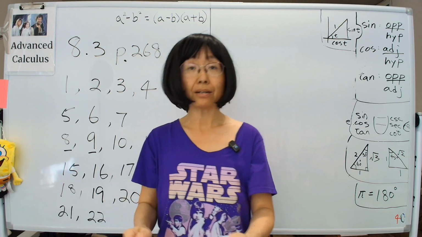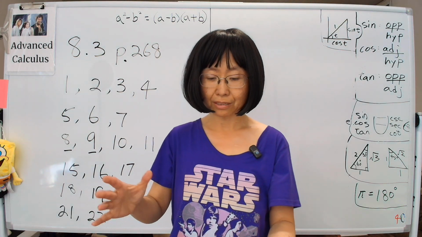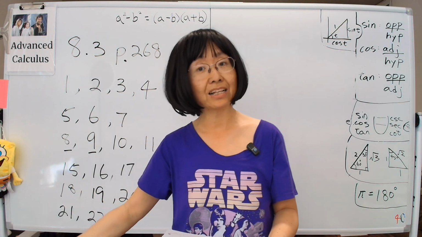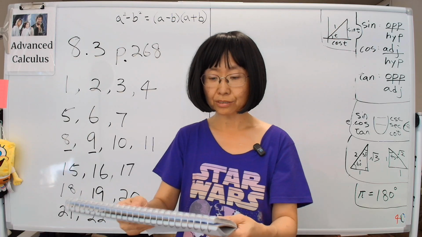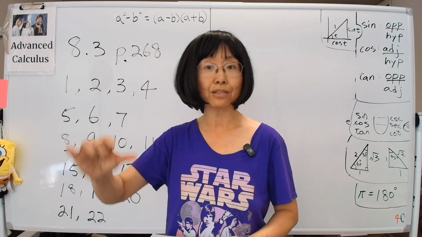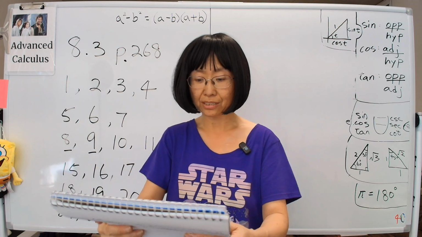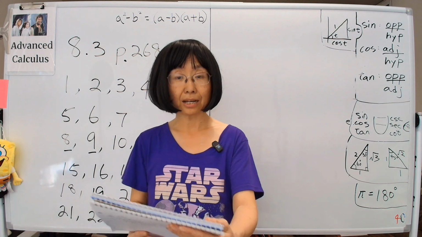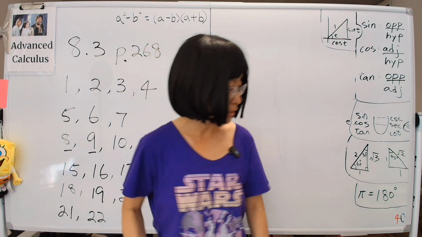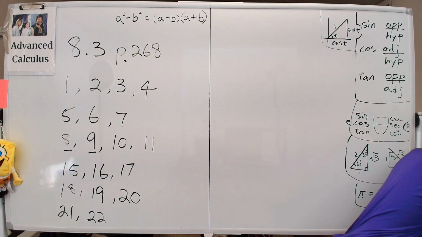The important part of this problem is that instead of just jumping ahead and applying L'Hopital's rule, you have to confirm that this is indeed a 0 over 0 situation before you're allowed to apply the rule. For problem 22, I also have a graph here.